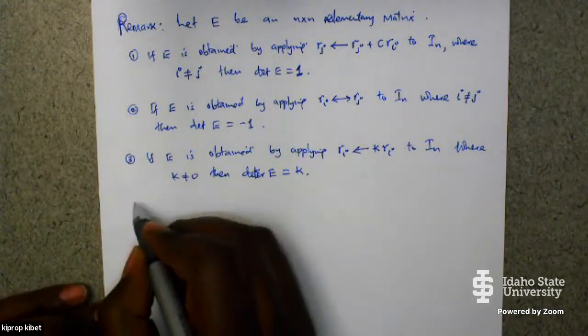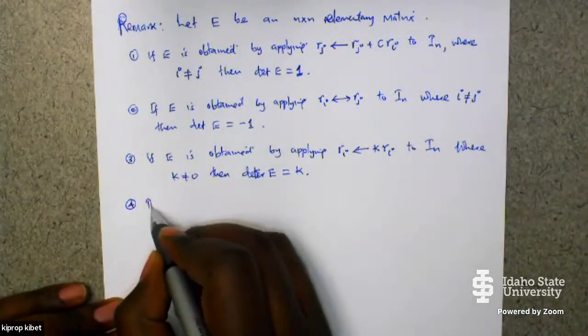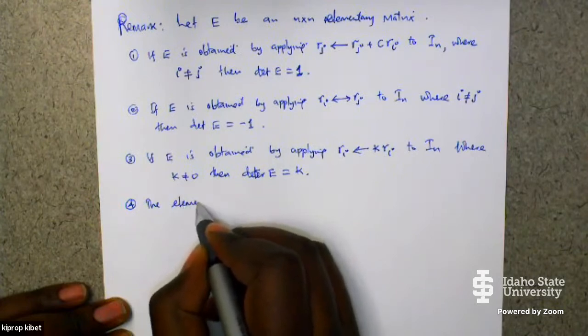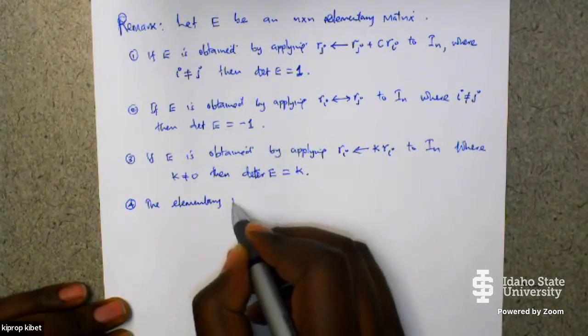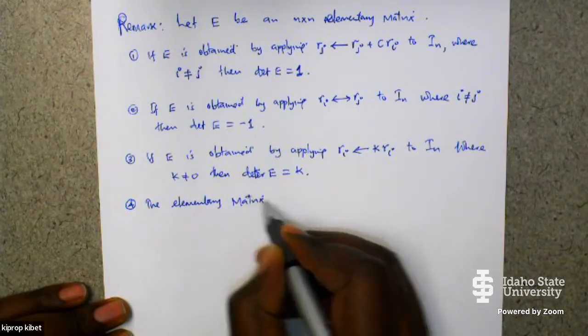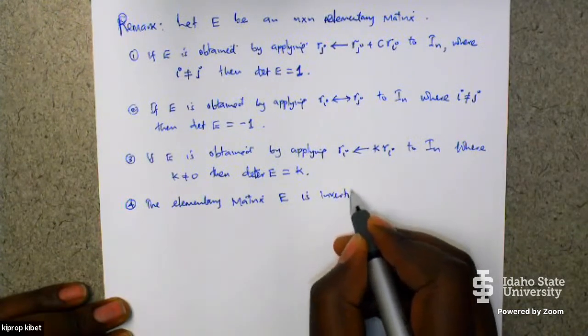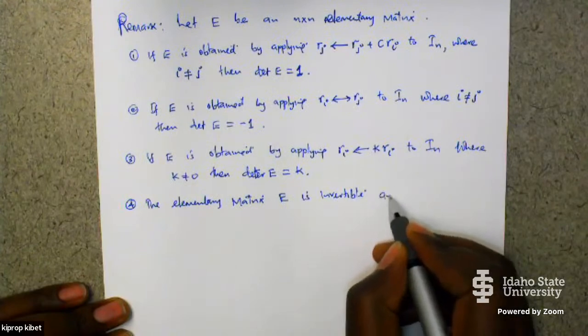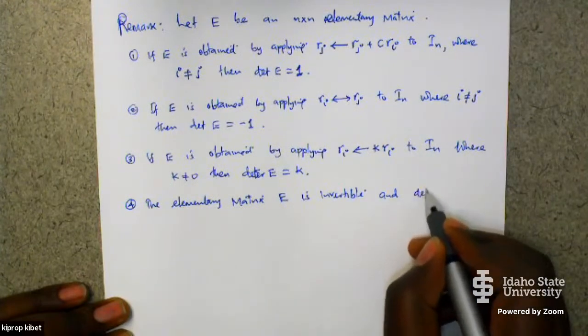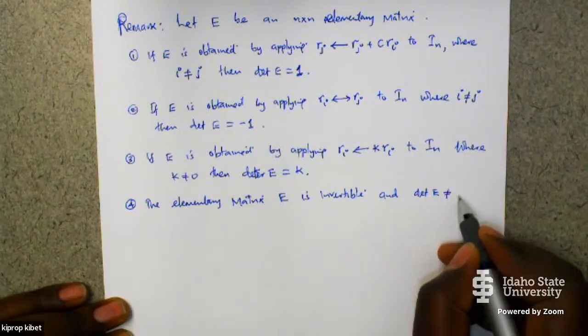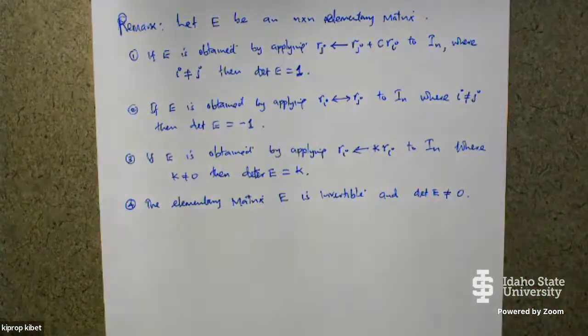Then number 4, the elementary matrix E is invertible, and the determinant of E is not equals to 0. So these are actually very important. So you need to remember.